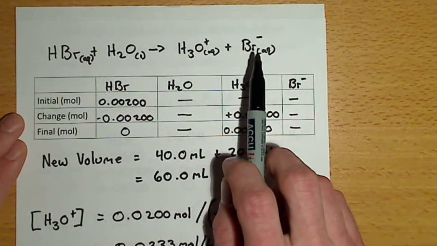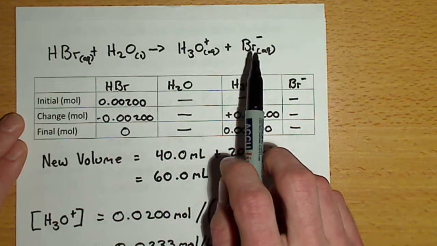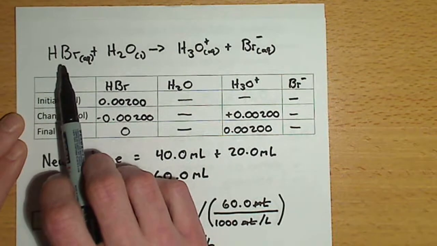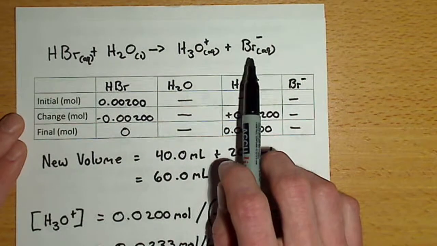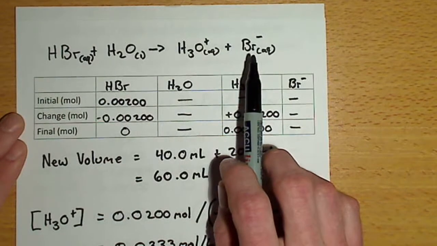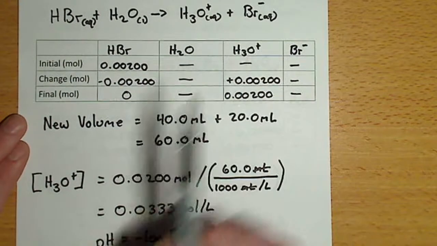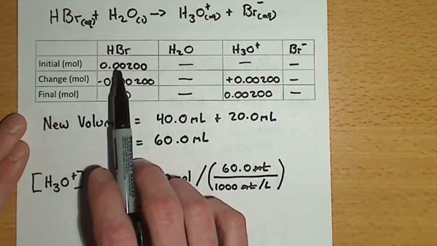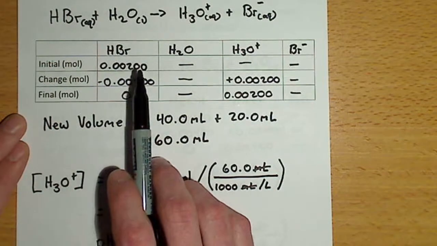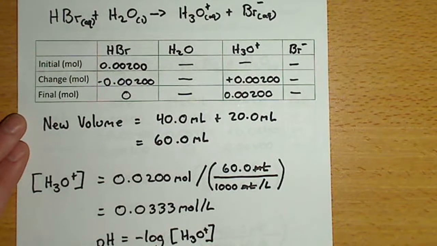The bromide ion does not need to be considered because it does not affect the pH of the system. It came from a strong acid and is a negligible conjugate base. Therefore, in our initial value for hydrobromic acid, we fill in the 0.002 moles that we calculated in the first step.